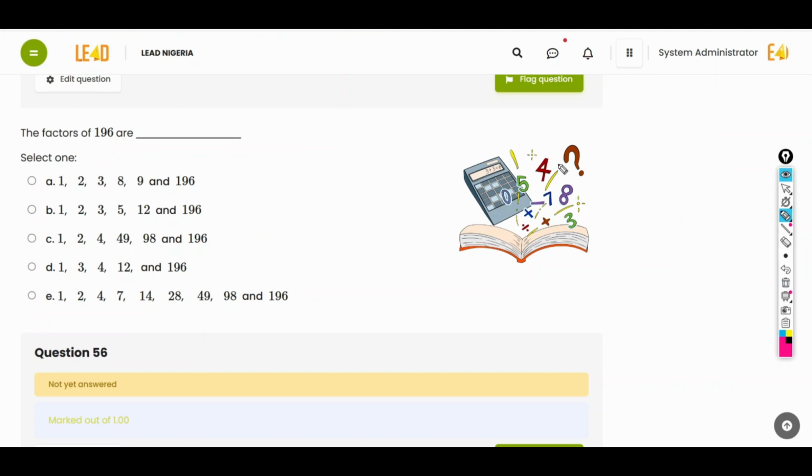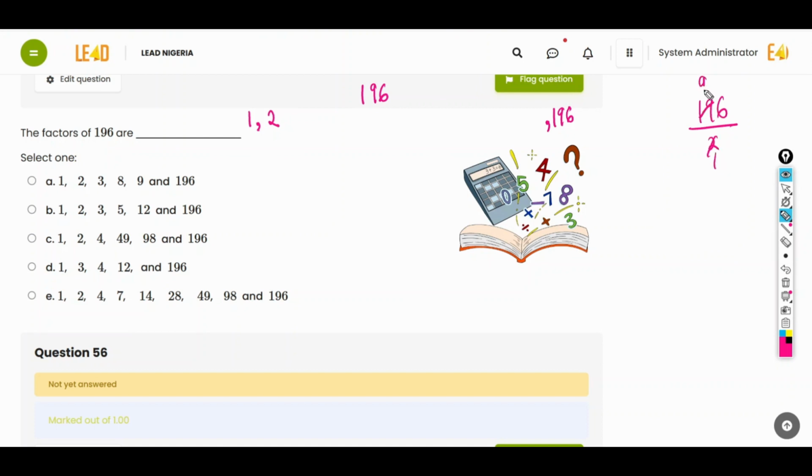All right, so let's go with 196. I know it can be divided by 1, so that would be 1 and 196. I know it can be divided by 2 because it's an even number, right? So that has to be 2 and what now? 196 divided by 2.